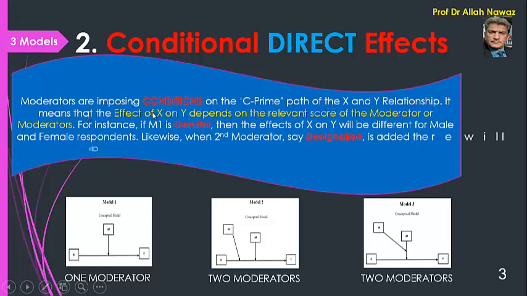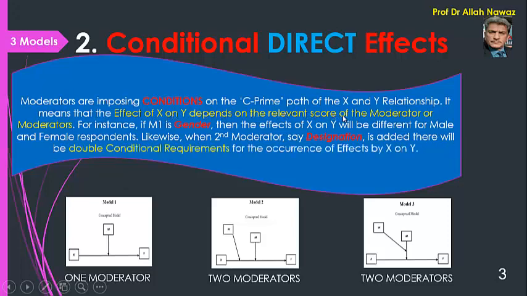It means that the effect of X on Y depends on the relevant score of the moderator or moderators. For instance, if M1 is gender, then the effects of X on Y will be different for male and female respondents.